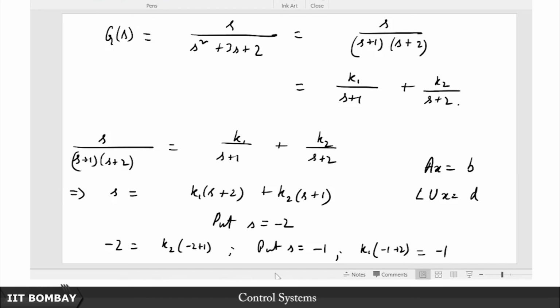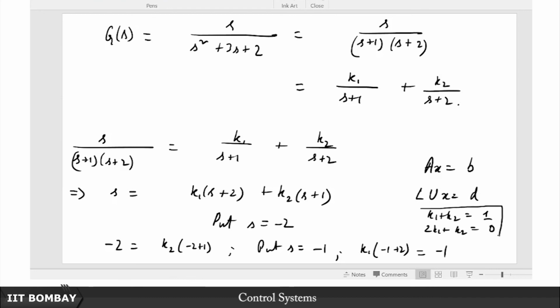So you get two decoupled equations in two unknowns, and you can solve. What you are essentially doing is equating coefficients on either side: the coefficient of s and the constant coefficient. If I write this in the general form, I would write k1 plus k2 equal to 1, and 2k1 plus k2 equal to 0.